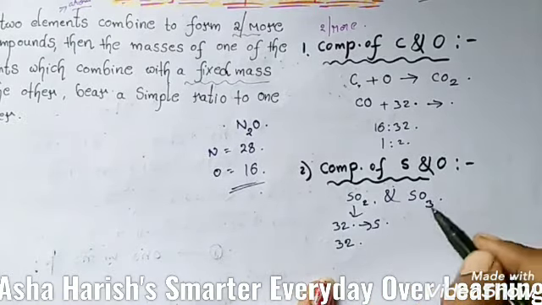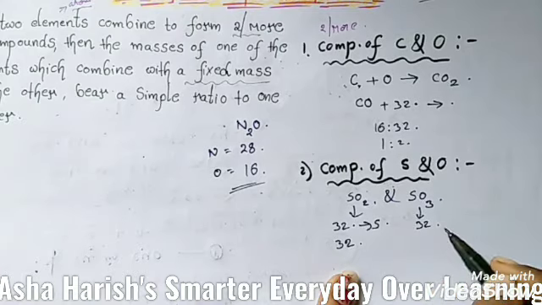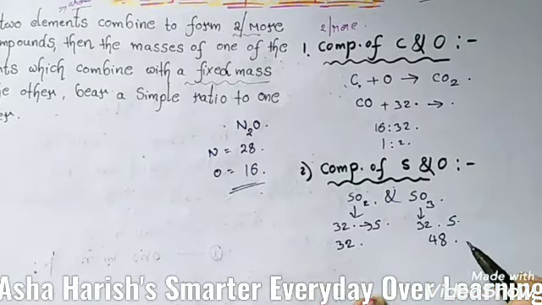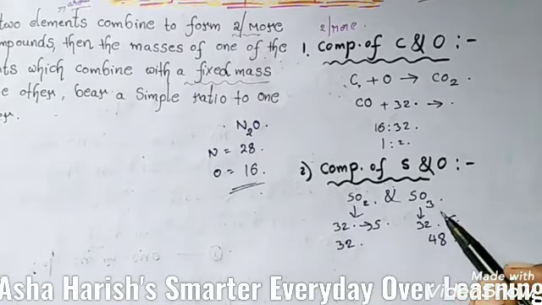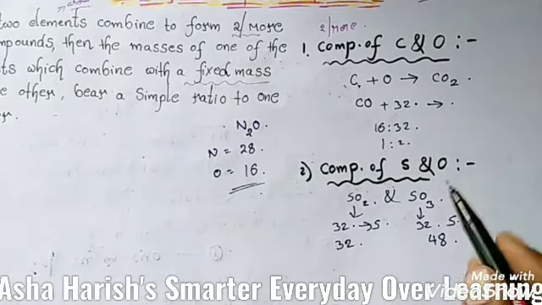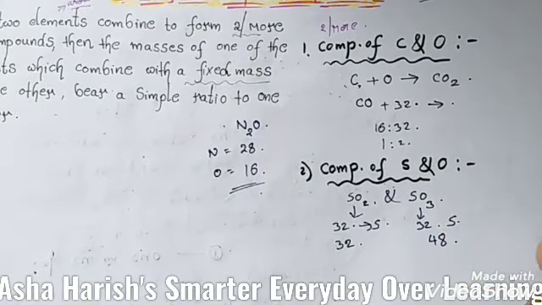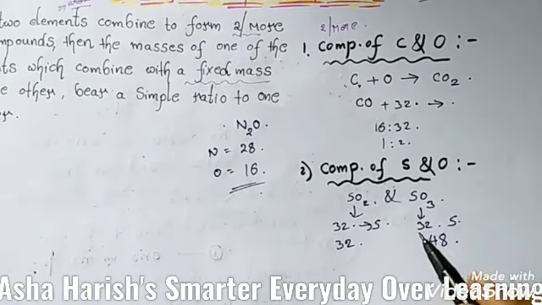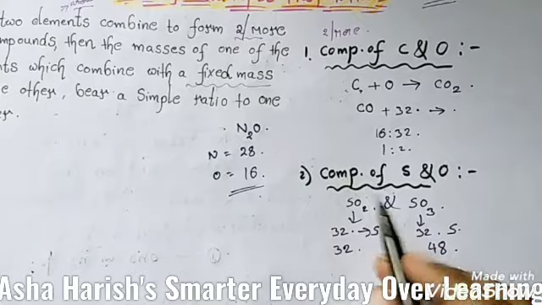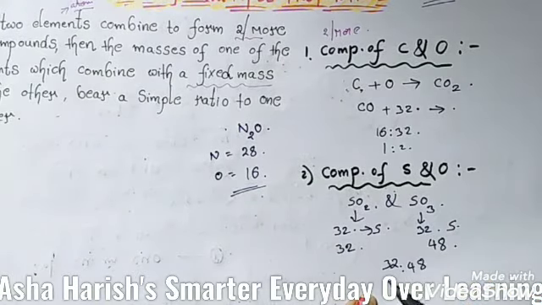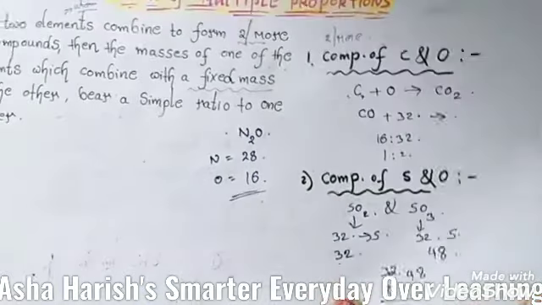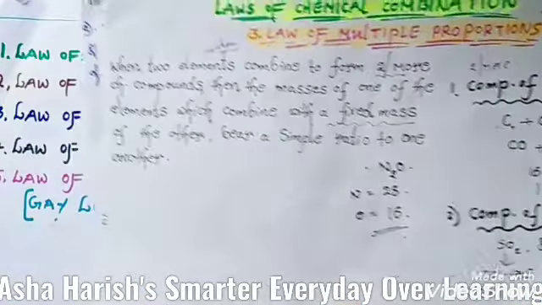In sulfur trioxide, 32 parts by mass of sulfur combine with 48 parts by mass of oxygen. Therefore the masses of oxygen which combine with a fixed mass of sulfur, that is 32 parts, in the two oxides are 32 and 48. These bear a simple ratio, 32:48, or 2:3, to each other.